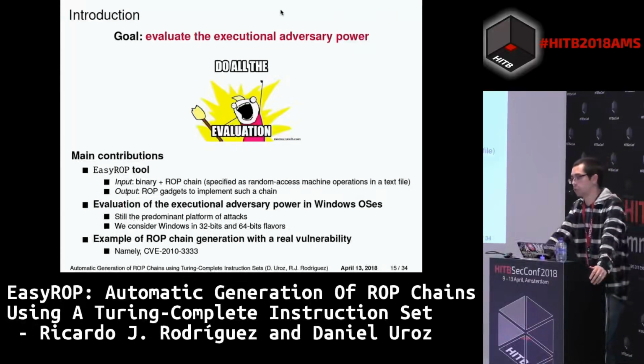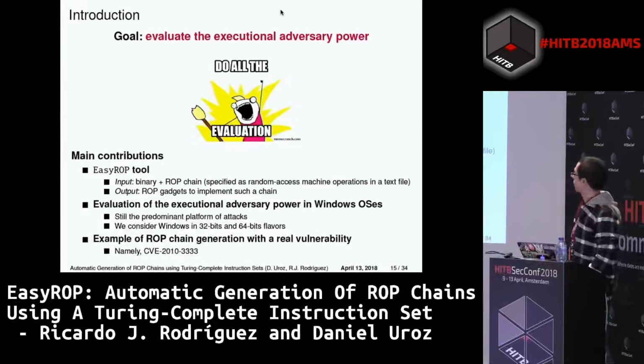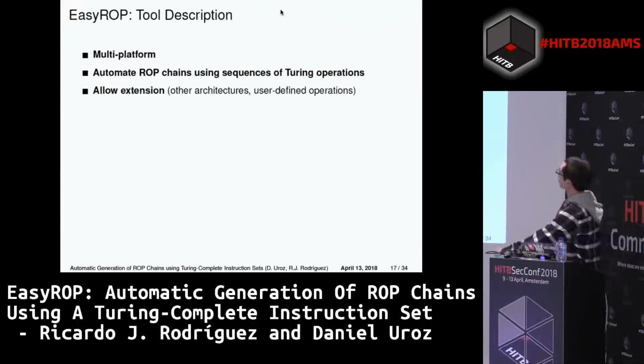Once we have developed this tool, we have applied it to evaluate the executional adversary power in Windows, since Windows is still the predominant platform for attackers. And we have considered Windows in different flavors, from 32 to 64 bits. And I will also show you how to apply the tool to generate a ROP chain for exploiting a real vulnerability.